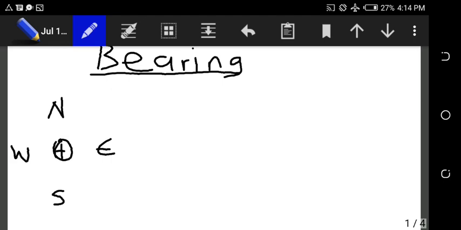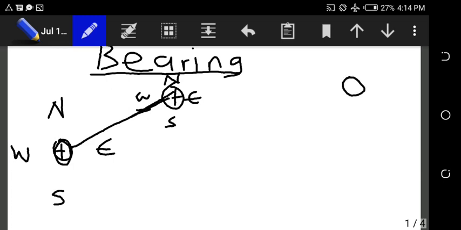So you have this reference, this starting point, and someone set out in this direction, and then moved up to this point. Let's also label that place north, west, east, and south. And from there, let's say the person is going to this point.